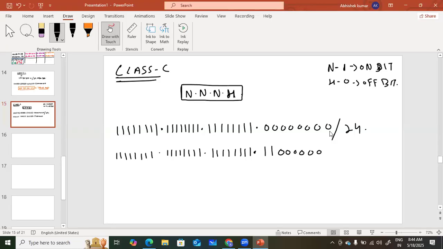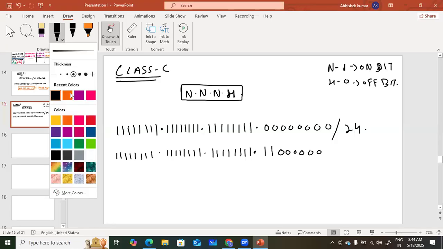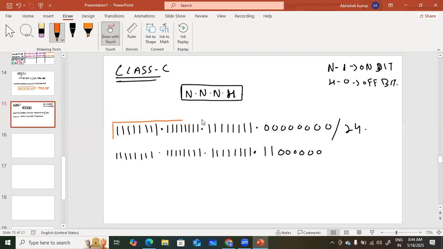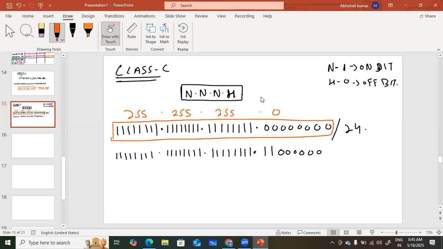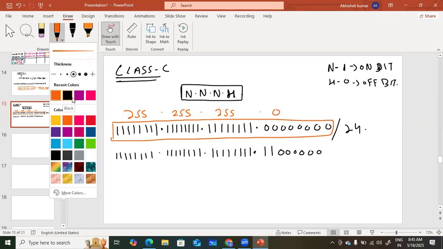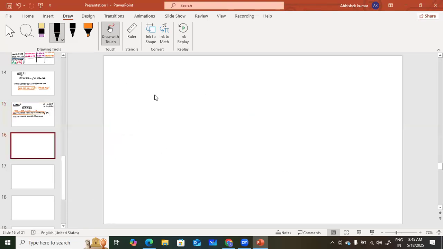These are binary numbers. Now I'm going to convert this binary into decimal. Yesterday we got 255.255.255.0. So how do we convert a binary into decimal? 1, 1, 0, 0, 0, 0, 0, 0.